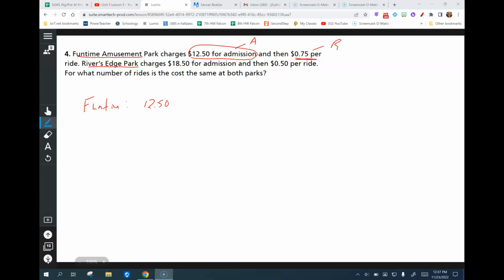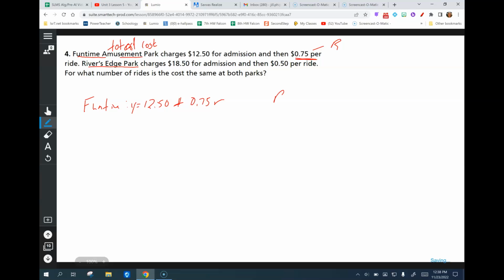So, the only mistake I made is that I thought it was going to be A and R, but what it's actually going to be is that you're going to talk about the total cost. So the total cost is going to be Y, and your R is going to be your X. So we have Y equals 12.50 plus 75 cents R for number of rides.